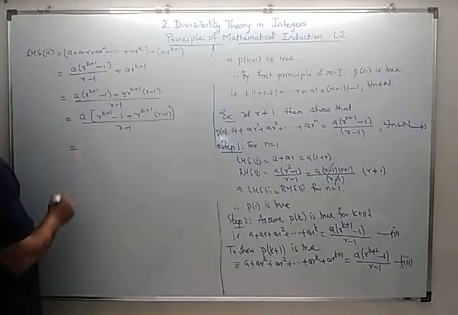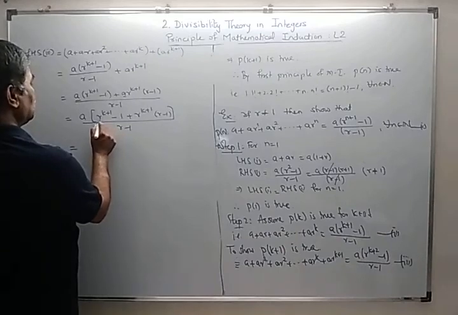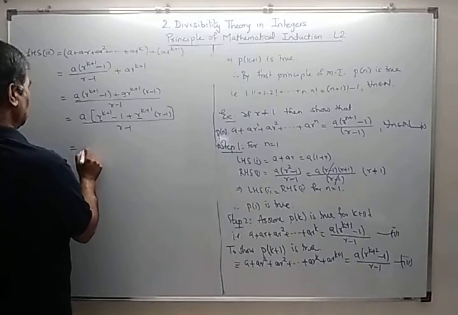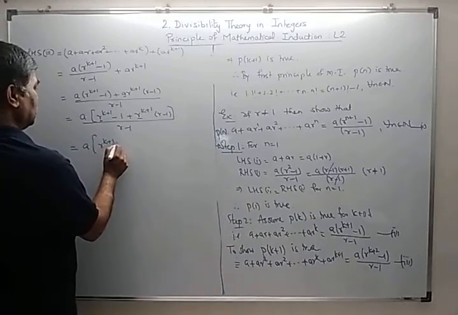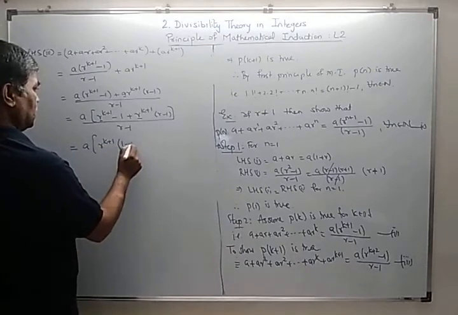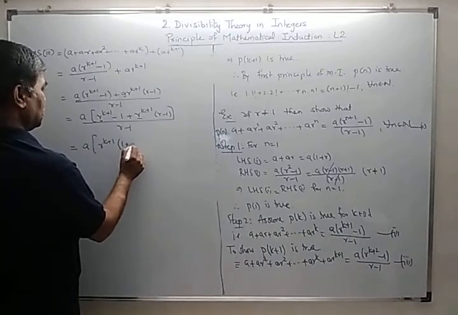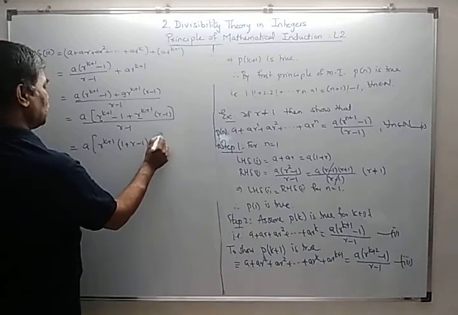Then we'll take this r raised to k plus 1 outside from those two terms: r raised to k plus 1 into 1 plus r minus 1, and this minus 1 as it is.